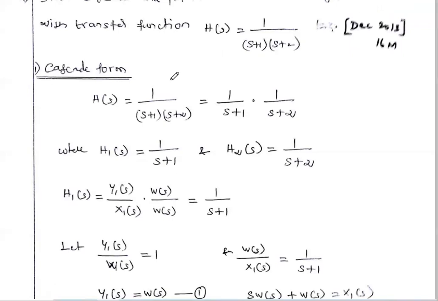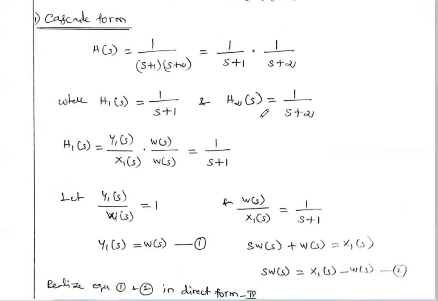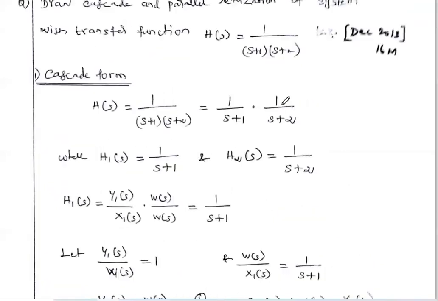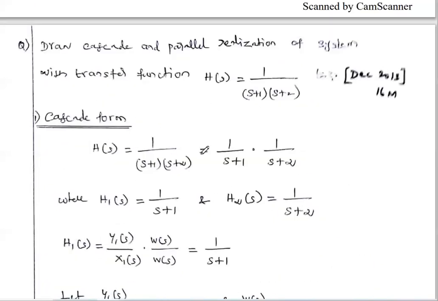So what is meant by cascade form? In cascade form, if it is a second order system, H of s can be written as a multiplication of H1 and H2. So we have to split H of s as a product of H1 and H2.